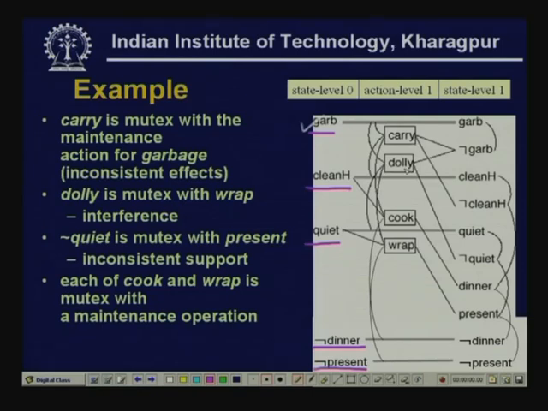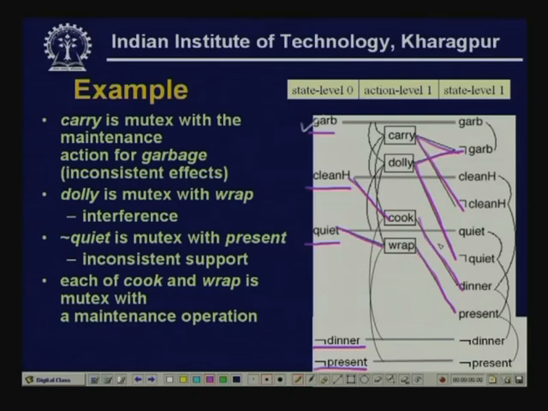Carry and dolly have no preconditions. One can do cook, the precondition is clean hands. One can do wrap, the precondition is quiet. The effect of cook is dinner, effect of wrap is present, effect of carry is no garbage and no clean hands, effect of dolly is no garbage and not quiet.